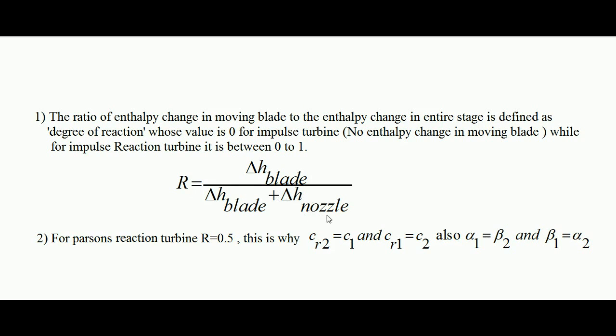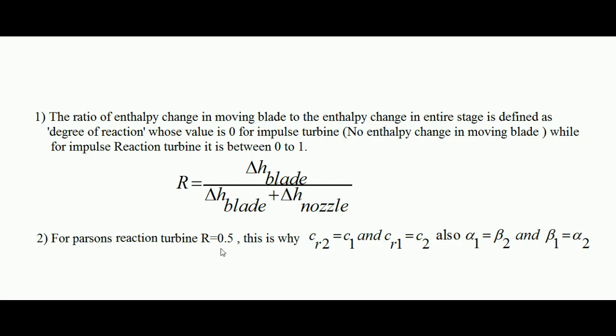The total enthalpy change in the nozzle plus the total enthalpy change in the blade is the total enthalpy change in the stage, and this is the enthalpy change in the blade. For the case of an impulse turbine, since there is no enthalpy change in the blade, R is 0. The enthalpy change takes place only in an impulse reaction turbine, so since enthalpy change takes place in the moving blade also, its value is between 0 and 1.